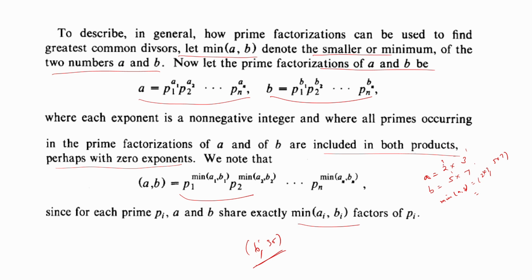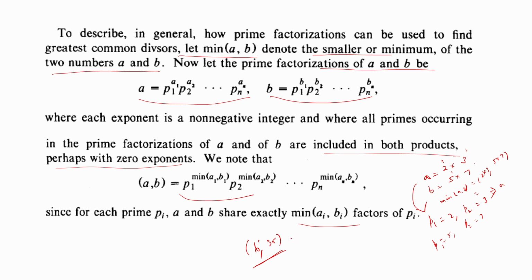Here P1 is equal to 2 and P2 equal to 3 corresponding to A, and for B, P1 is equal to 5 and P2 equal to 7, and you take the minimum of 1 and 1. All exponents are equal, so 1 and 1 only will come: a1 is 1, a2 is 1, b1 is 1, b2 is 1, so there is no issue at all.